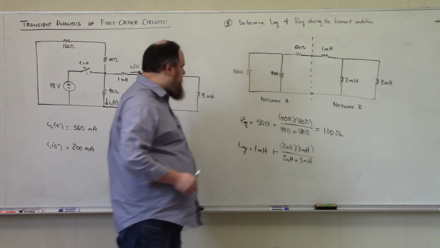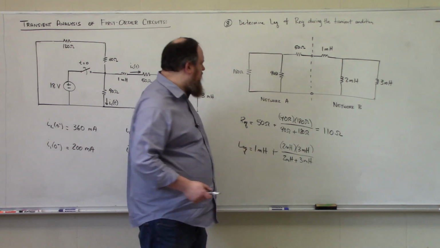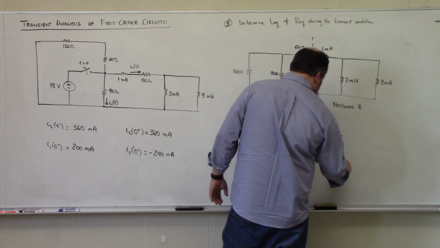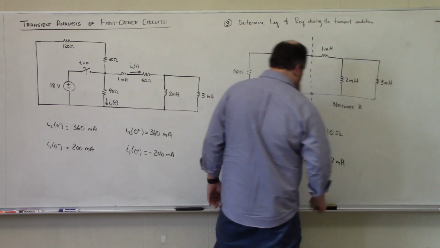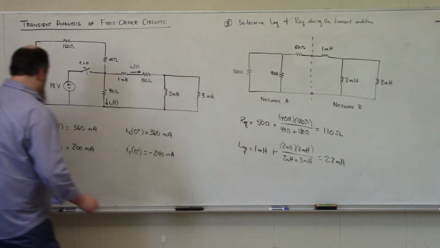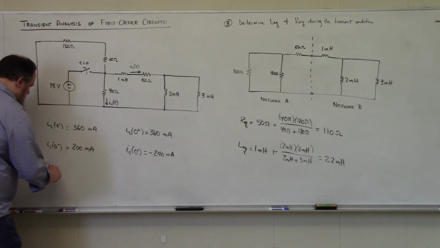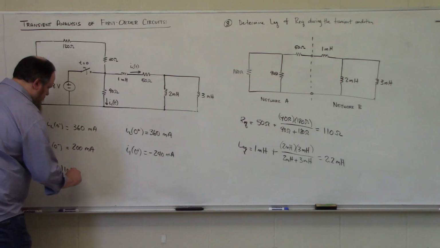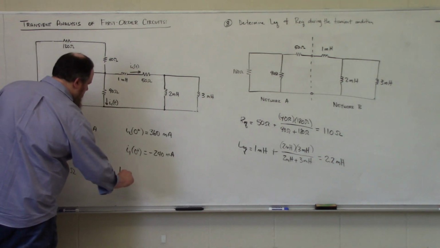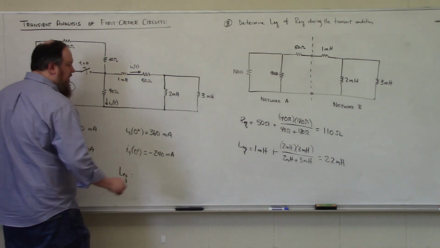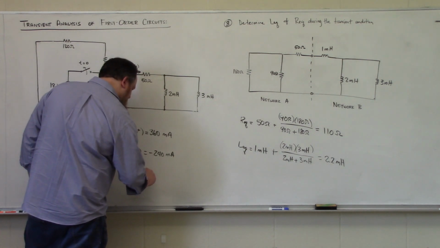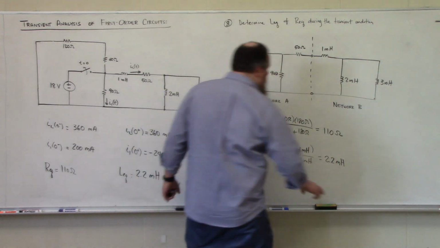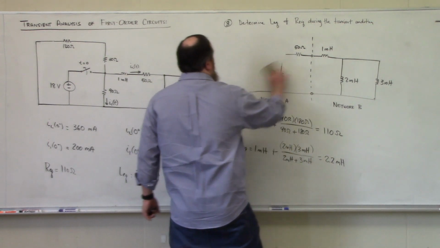So that 6 over 5 is 1.2 plus 1 is 2.2 millihenries. So REQ is 110 ohms. LEQ is 2.2 millihenries. And now we are ready for step 4.